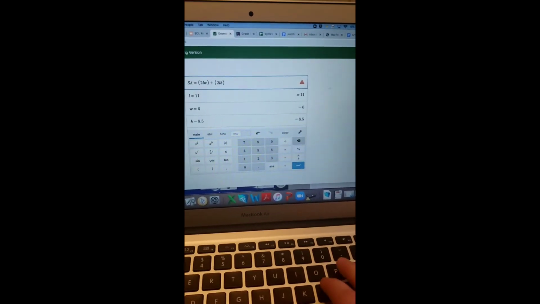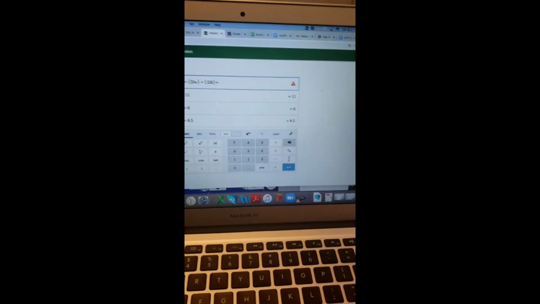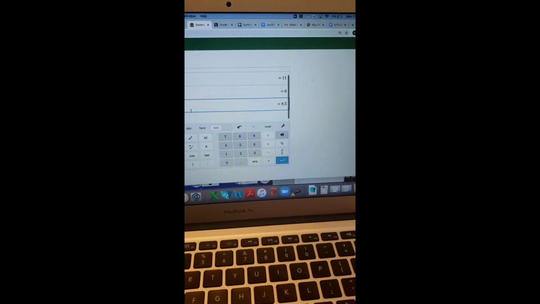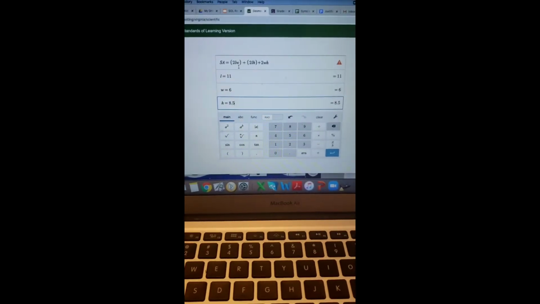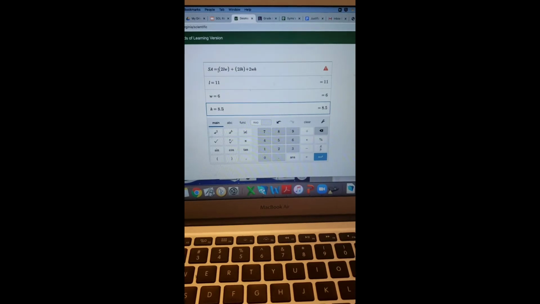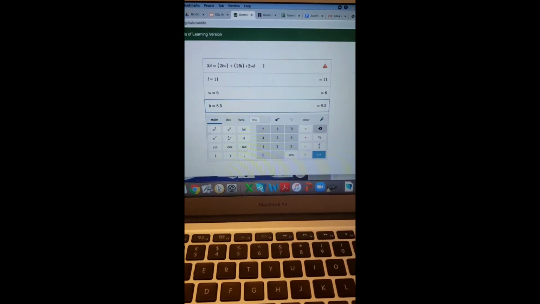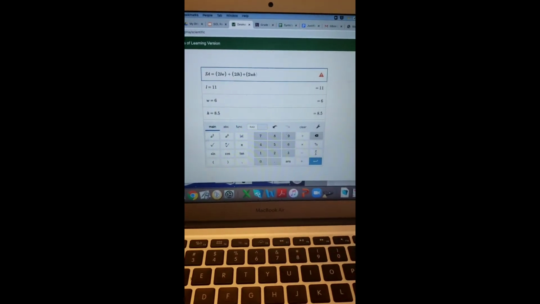Whoops. Plus 2WH. It's not working, guys. What did I do wrong? 2LW, 2LH, 2WH. It should be working.